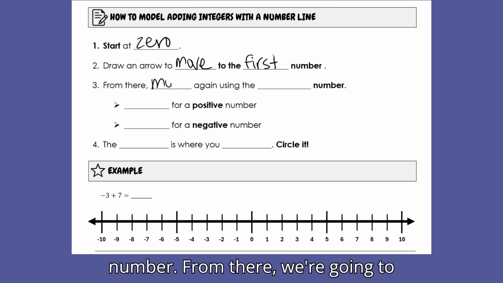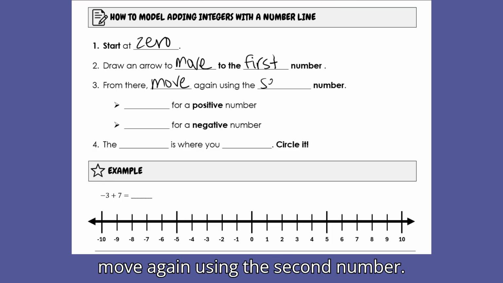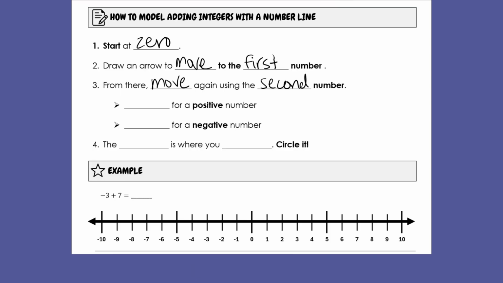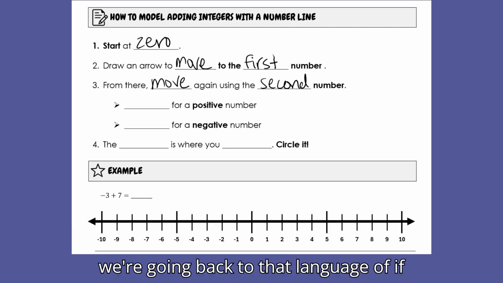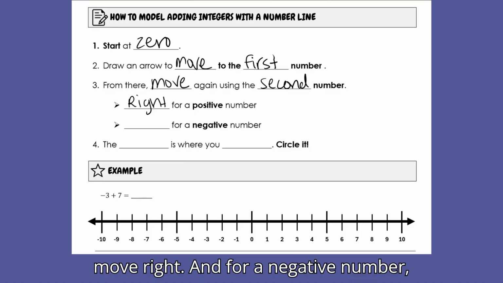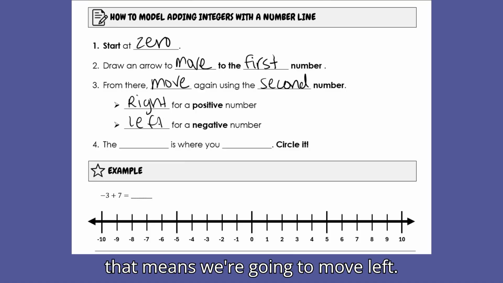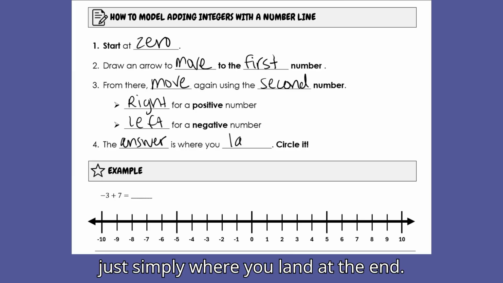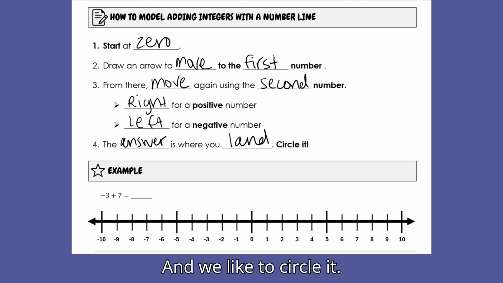From there, we move again using the second number. If it's a positive number, we move right, and for a negative number, we move left. Then the answer is simply where you land at the end, and we like to circle it.